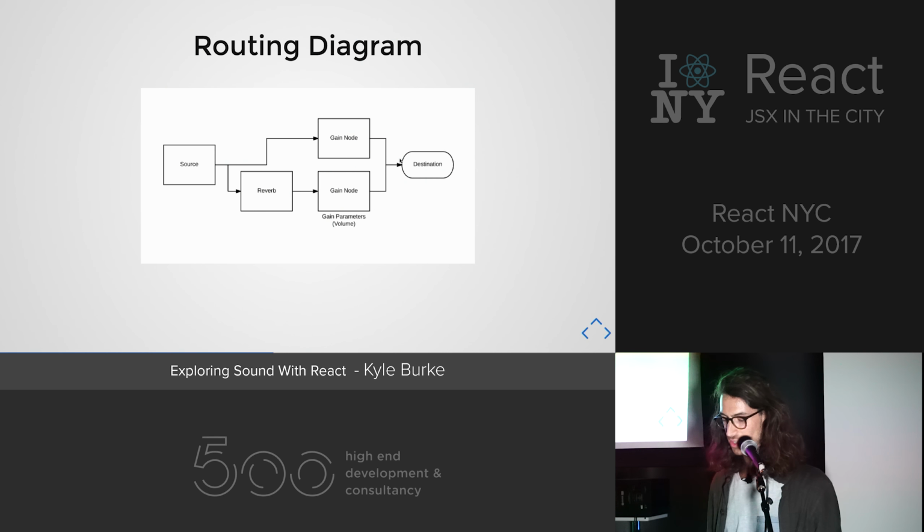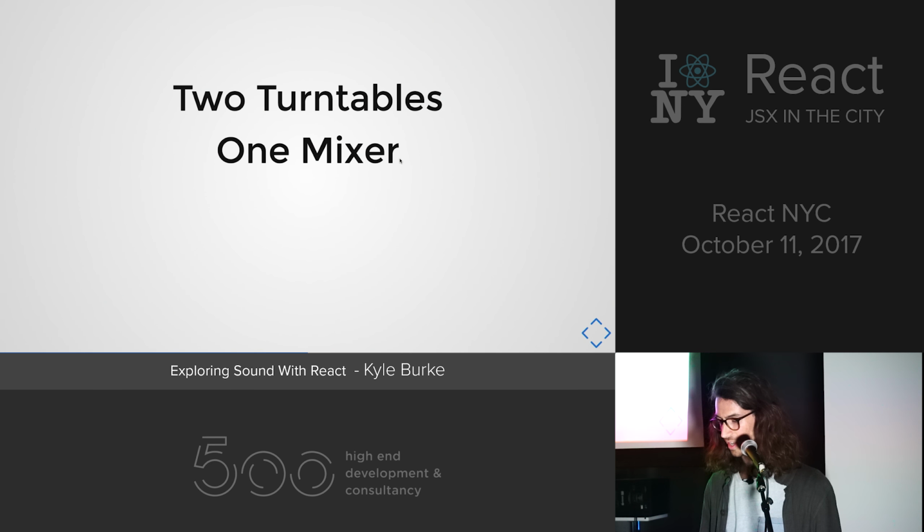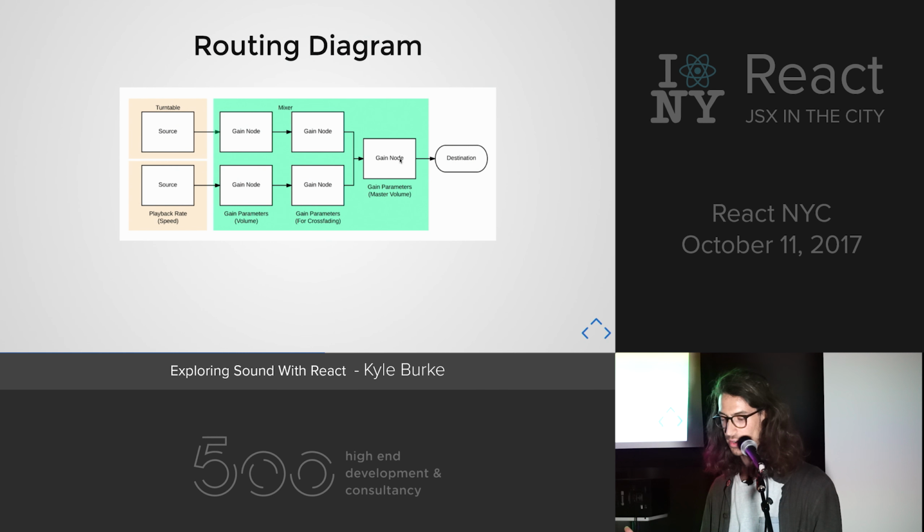And so as I was building this thing, I was like, hey, this is cool and fun. Why don't I try and build a little DJ booth with it? As you know, a DJ booth consists of two turntables and a mixer. A routing diagram for a DJ booth would look something like this.